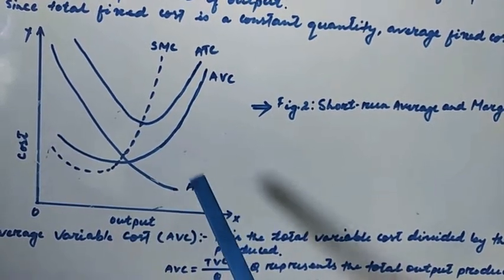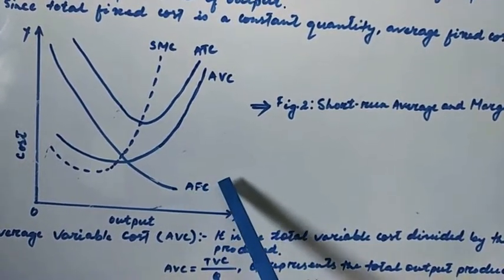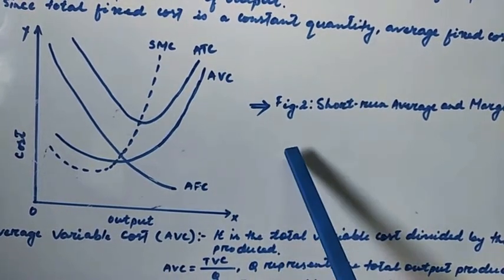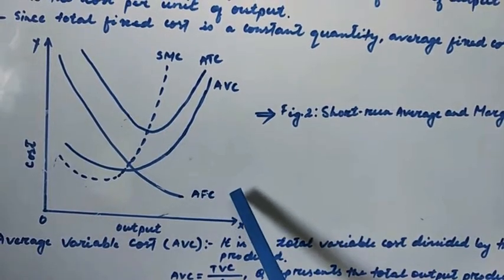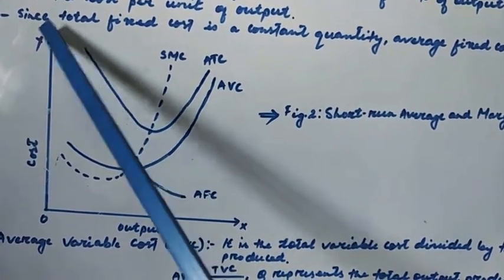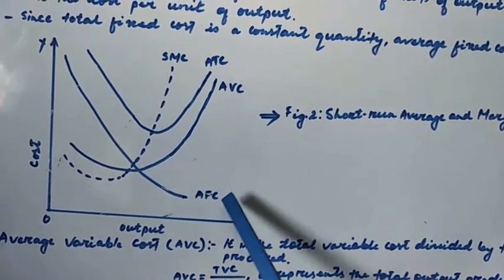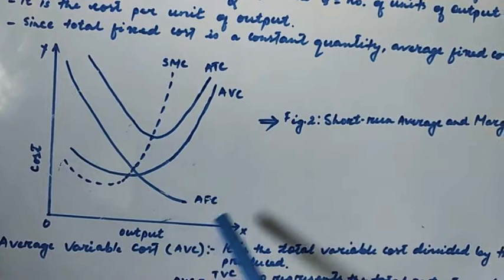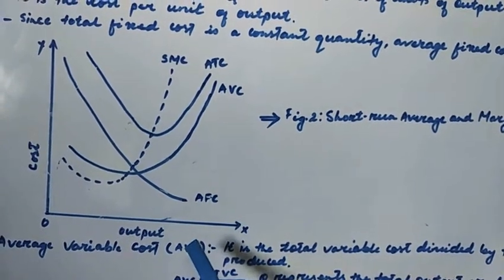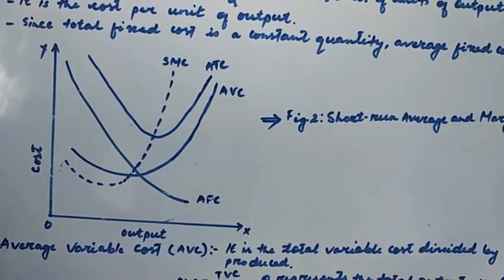In other words, AFC gets very near to but never touches either of the axes. It will never touch the y-axis, it will never touch the x-axis, but it is approaching both. That is another unique property of the average fixed cost curve.